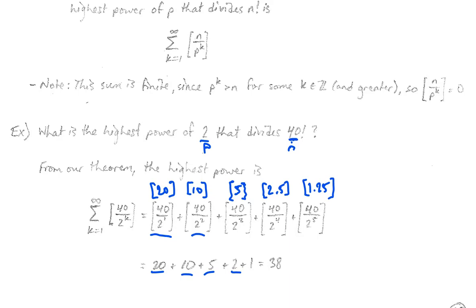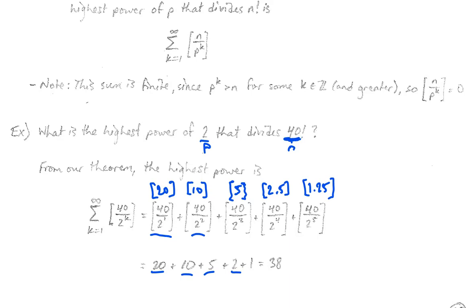So 38 is the highest power that we can put on 2, and 2 raised to that power will nicely divide 40 factorial. This is just one more way to say how many 2's we have in this massively large number that is 40 factorial.